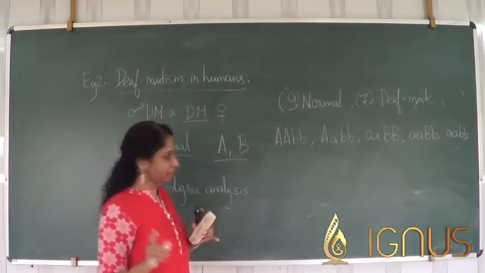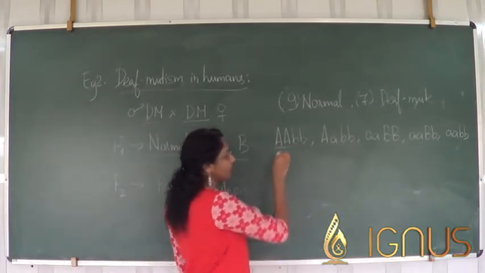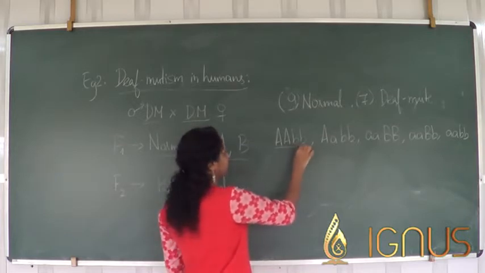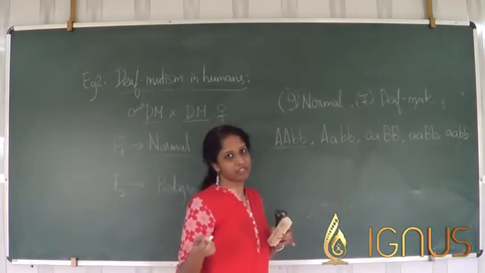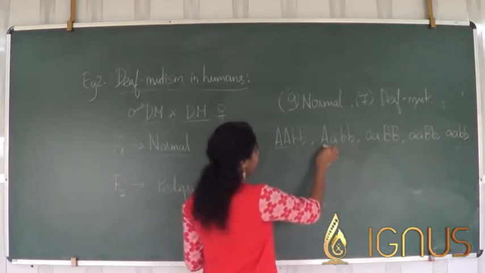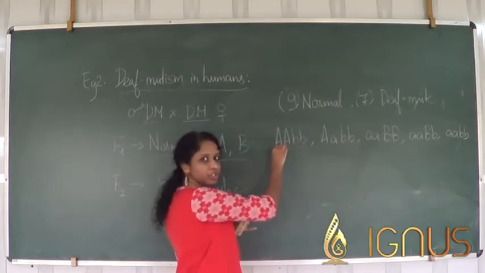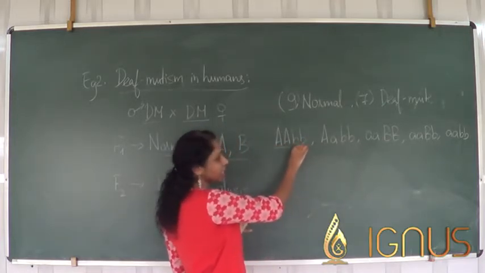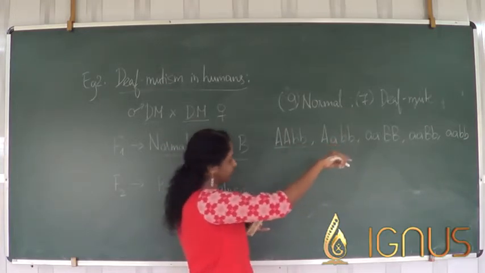But if that is not present, in which case there is one allele which is dominant but the other is not, the same as the example found in the sweet pea flower color. So if both of them are not dominant, here we have a homozygous dominant gene and a homozygous recessive gene. So this is going to give rise to a deaf mute person.